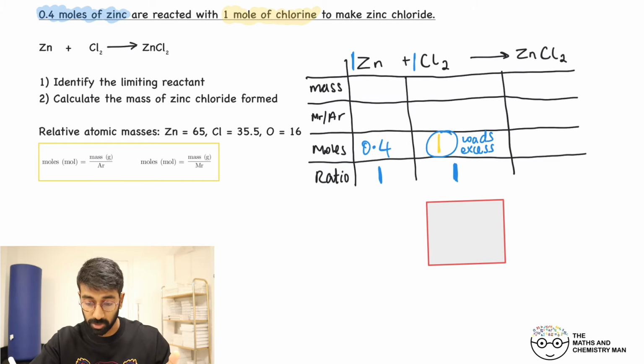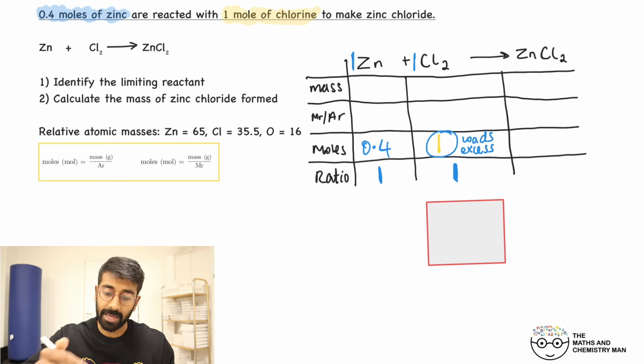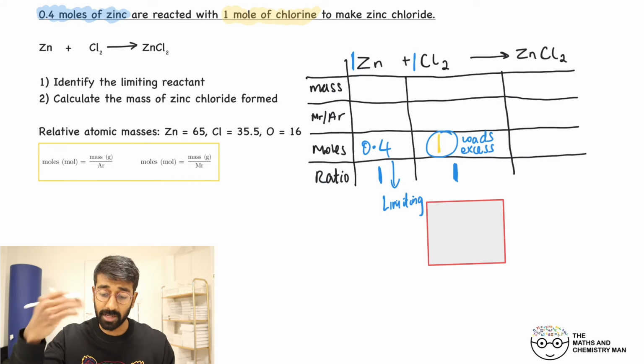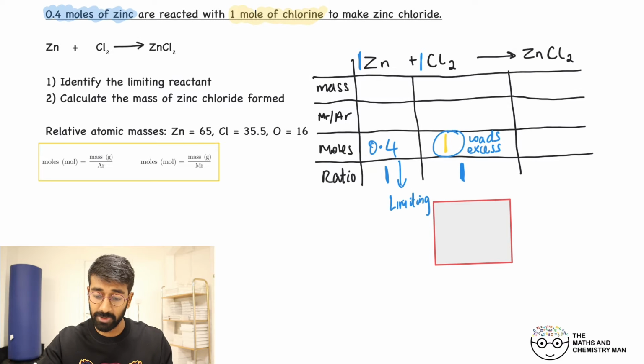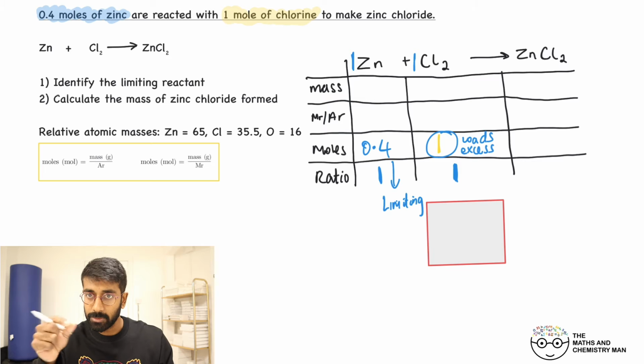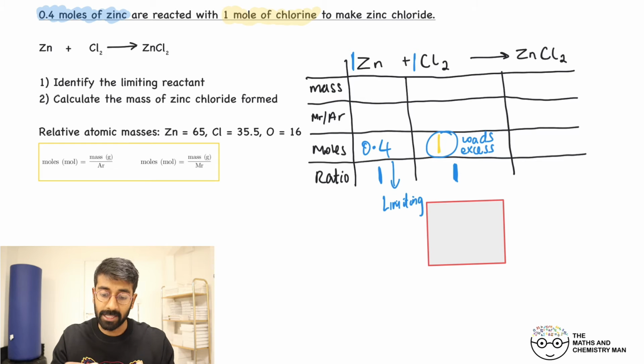It means there's lots of it, which means the other chemical, so zinc in this one, is going to be your limiting reactant, okay? So that's a handy way to find out which is your limiting reactant. Take a little rectangle or just cover up the other species, work out how many moles you would need according to the other one, and then if there's loads of it, it means it's in excess, okay? Just as we did there.